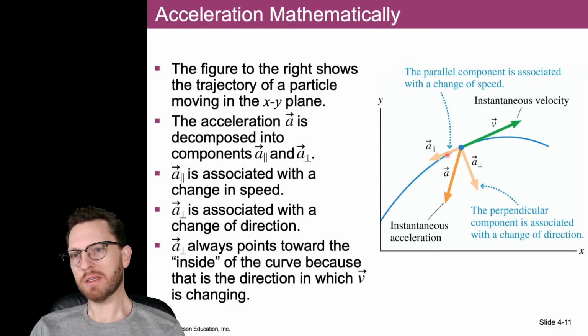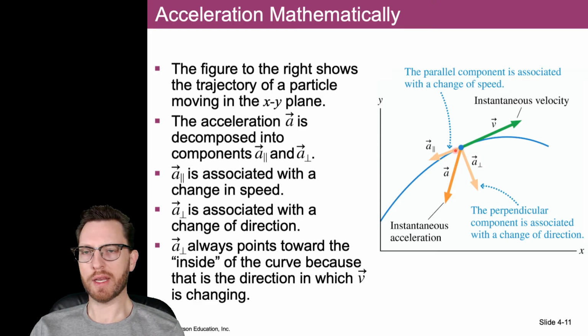We can see in this case, this acceleration will be slowing down the object. It points in the opposite direction to the velocity, so it's going to be taking away the magnitude of velocity, and it's also going to rotate the velocity vector towards the applied perpendicular acceleration. So this particular acceleration will simultaneously be changing the direction and magnitude of my velocity v as time progresses.